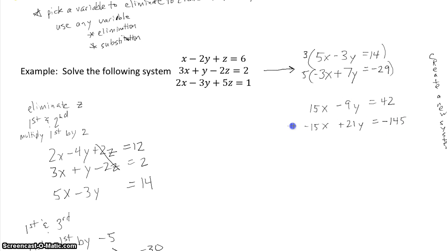I'm going to add these two equations together. I get 12y equals what appears to be a negative 103.